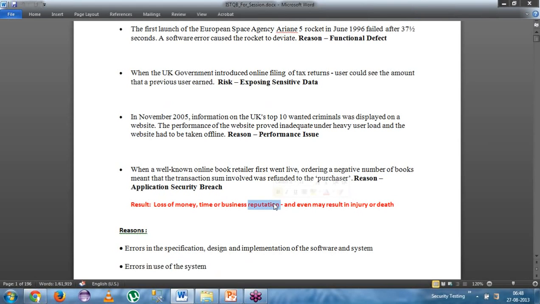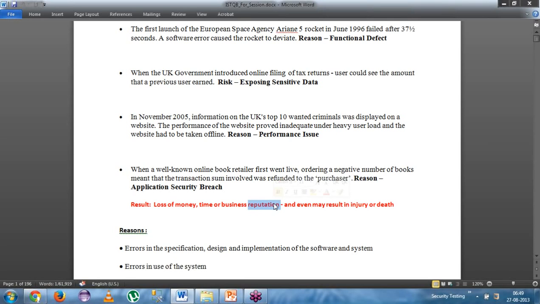It can lead to financial turmoil, or loss of time or business reputation, or at times it can result in death or injury when we are handling highly critical machinery applications such as flight or rocket systems. Okay.